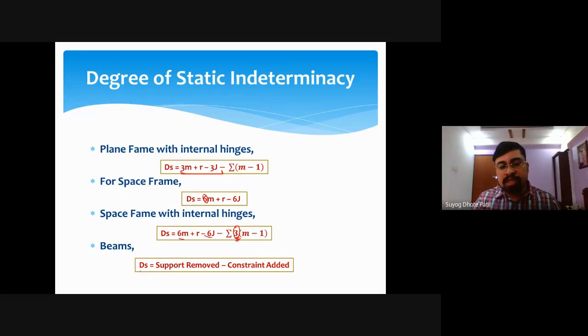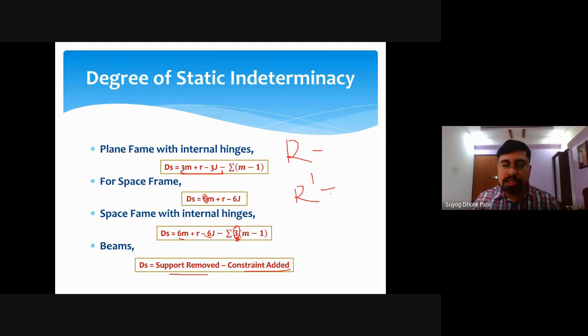For beams, the total degree of static indeterminacy is calculated by using support removed minus constant added. Now see, for frames we have used the terms r and r dash, where r is the support reactions and r dash is the restraint added.